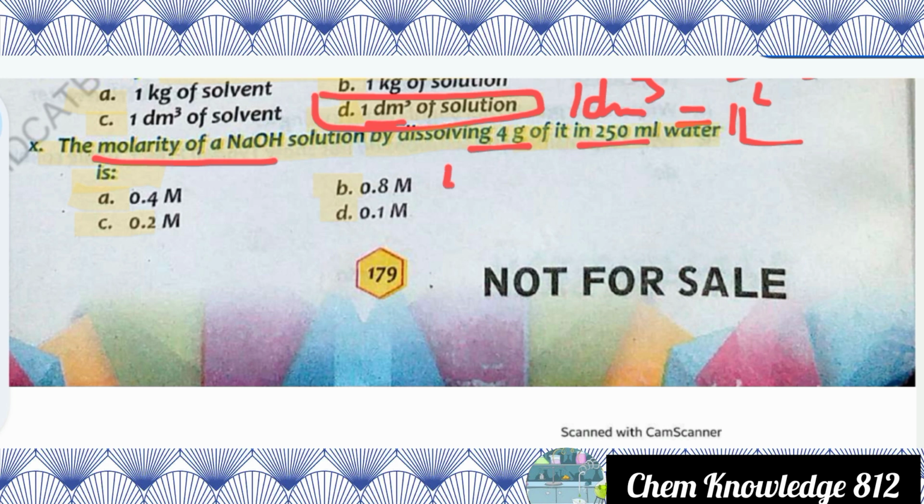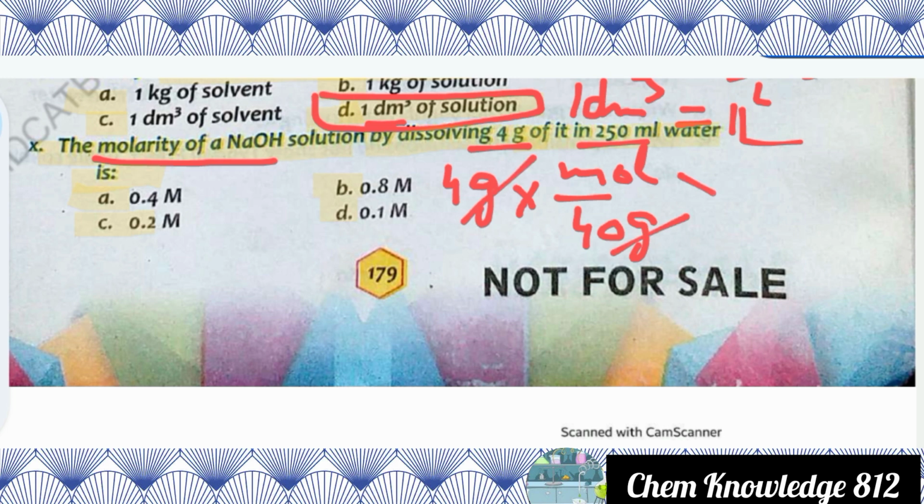We have 4 gram of NaOH, and the formula weight of NaOH is 40 gram per mole. Gram and gram will be cancelled, and we have the mole unit remaining, and the volume is 250 ml.